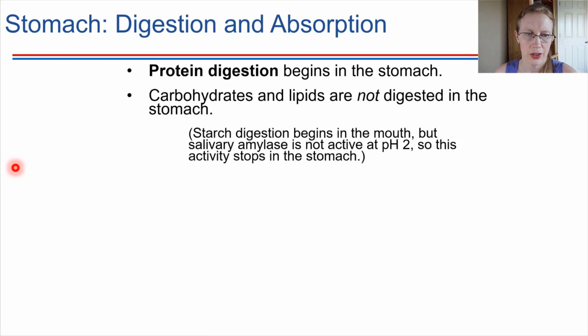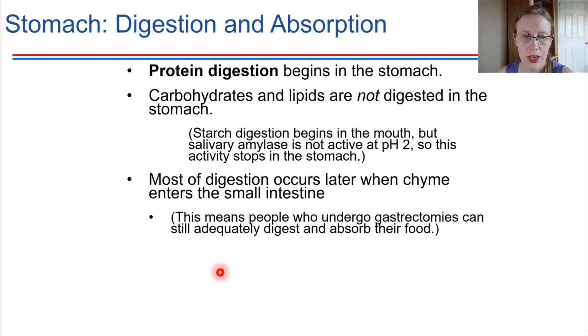As far as digestion goes, there's not really a whole lot of digestion taking place in the stomach, just proteins. Proteins are being digested. Carbohydrates and lipids are not digested in the stomach. They just kind of hang out until later on in the digestive tract. Most of digestion is going to take place in the small intestine once the chyme enters the small intestine. And there's an interesting aside from this.